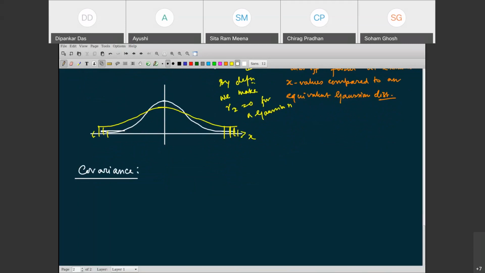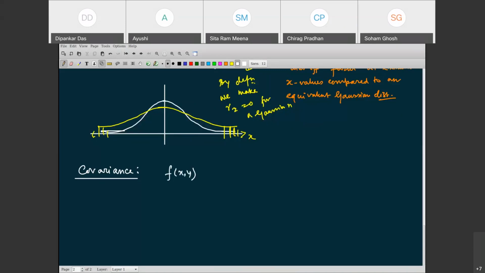So before I define covariance, I need to generalize the idea of the probability distribution in case there is more than one variable. Suppose my distribution has two variables, say f of x, y.